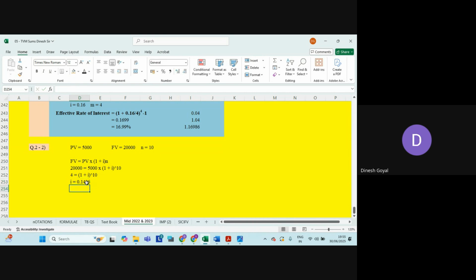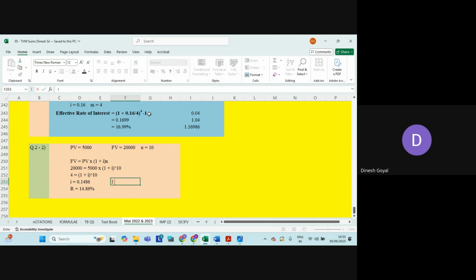Therefore, that is your R, the rate of interest, and if you multiply by 100 you get 14.86%. Understood? How to find it? So 0.1486 into 100 is 14.86. So that is the I value.